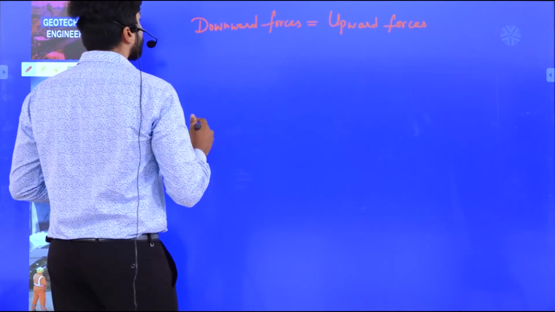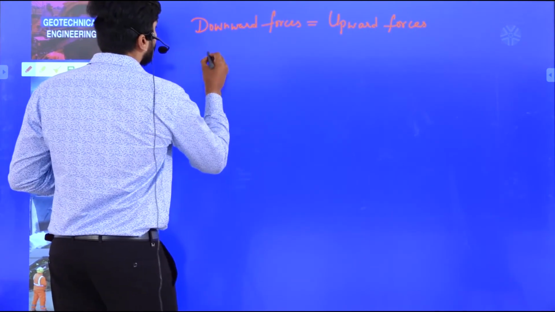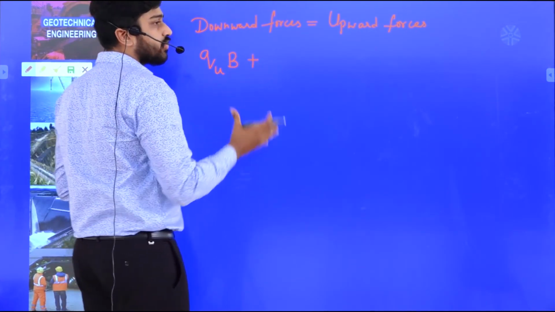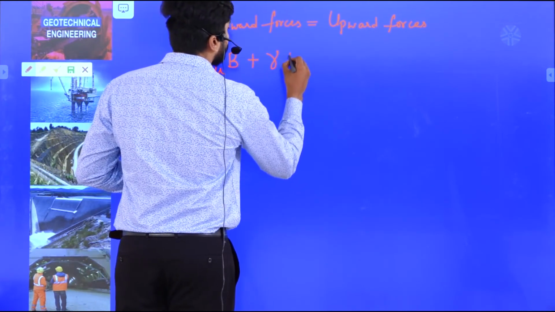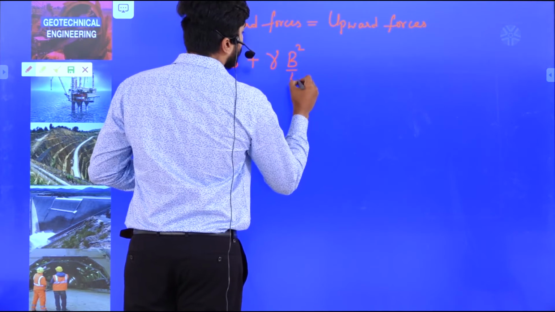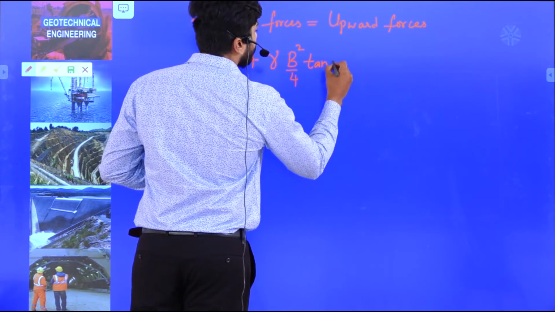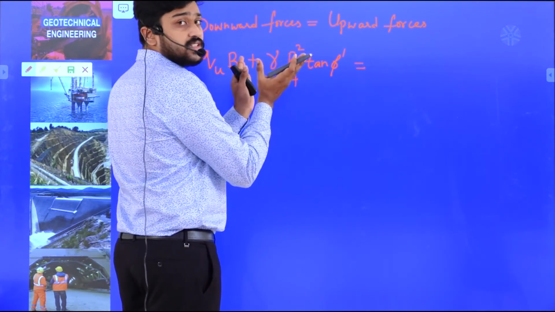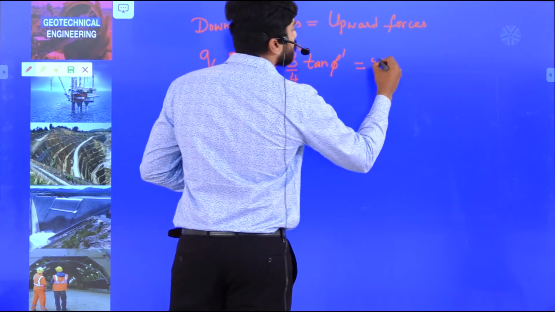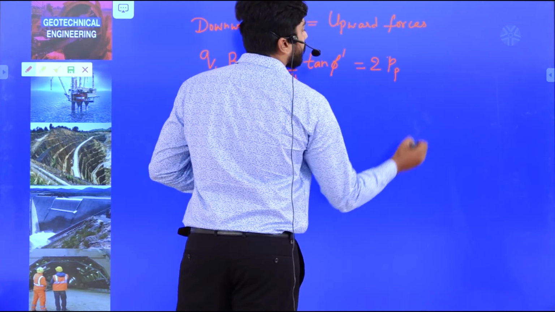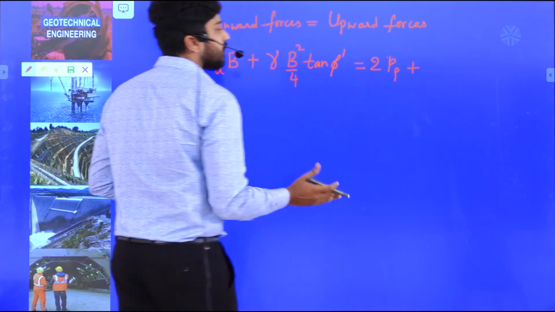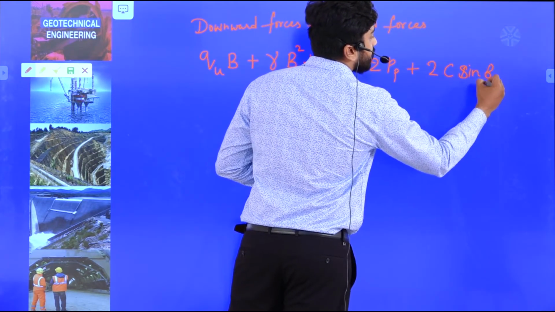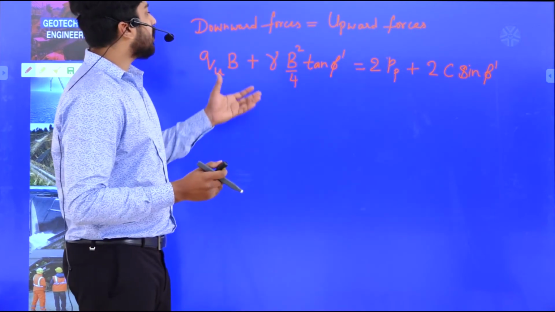The first downward force is QU into width B, plus the other downward force, which is the self weight, gamma into B square by 4 into tan phi dash. This is equal to the upward force. Since there are two sides of the particular wedge, there is 2 PP, the passive pressure, and then we have the cohesion, which is considered as 2C into sin phi dash. So this is what we have obtained.